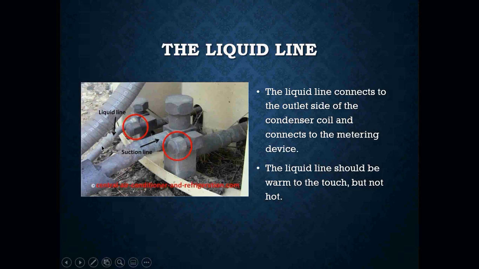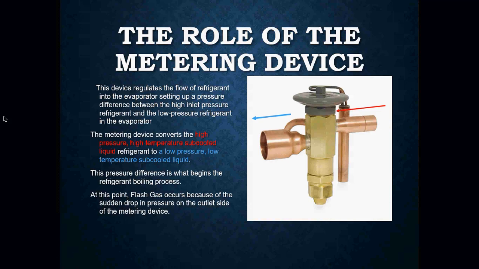This line will now carry the refrigerant into the home to the air handler where the metering device is going to be located. So the metering device, as we see here, is actually a thermostatic expansion valve. That's what this guy is going to look like.